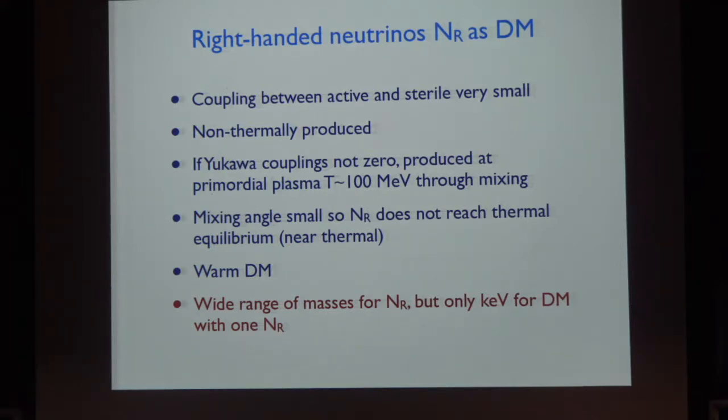They are sterile, with no electroweak interactions, only coupled to left-handed particles, so they could be candidates for dark matter. It would be near thermal, so not thermal, and they have a wide range of masses, not only a few of them, more or less in the range of keVs, that can be dark matter candidates.